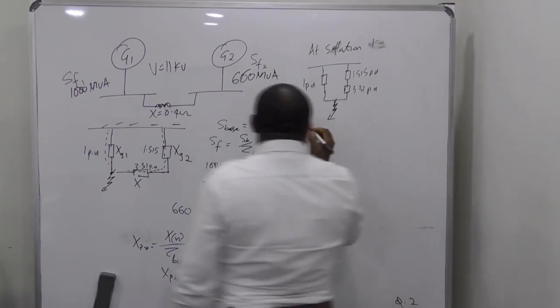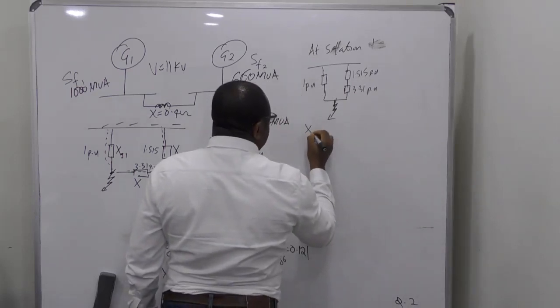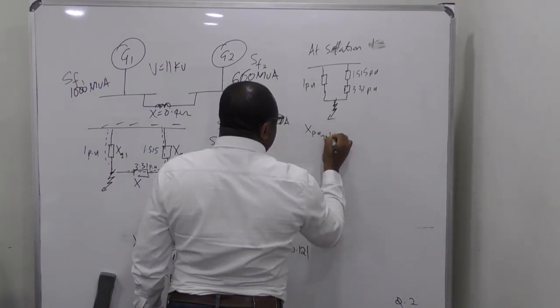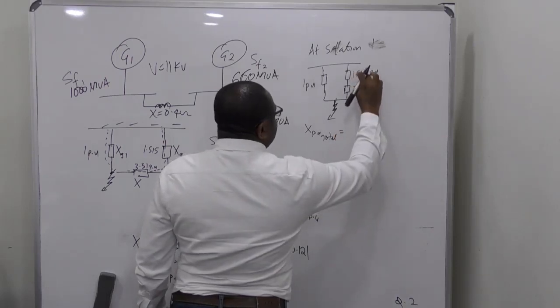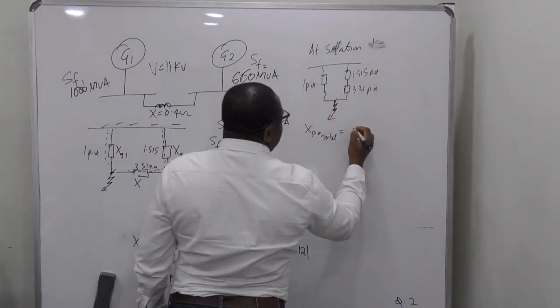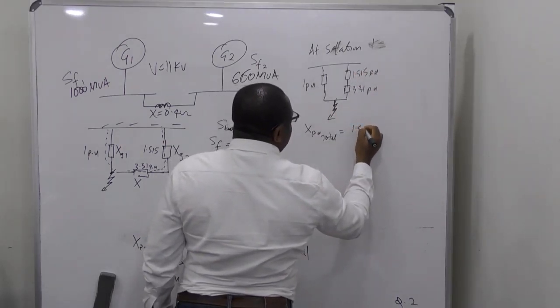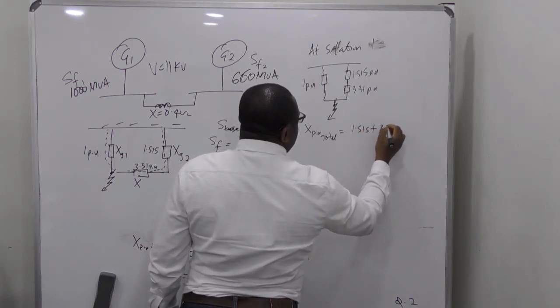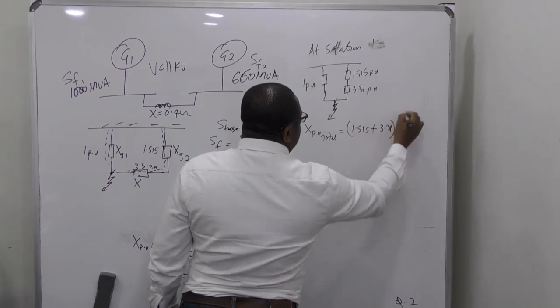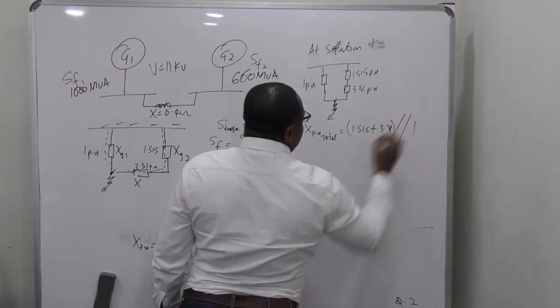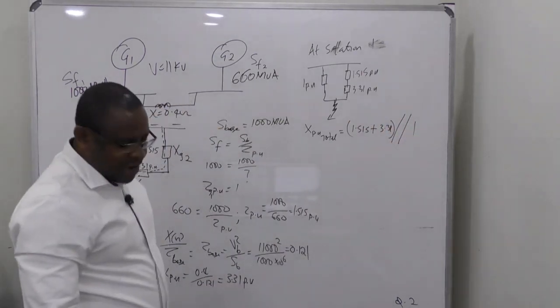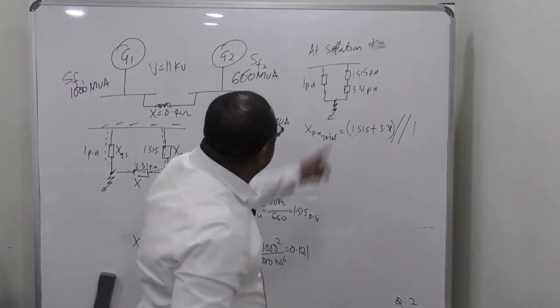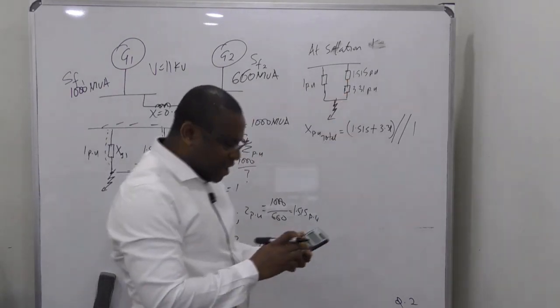So X per unit total will be this plus that parallel that: 1.515 plus 3.31, parallel 1. All right, so let's just add these, they are in series, so just add them together.